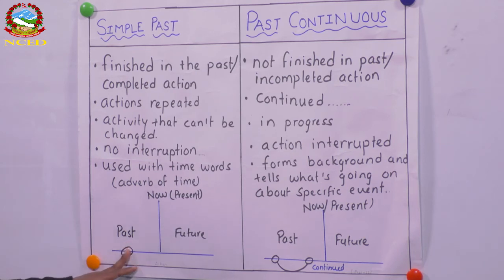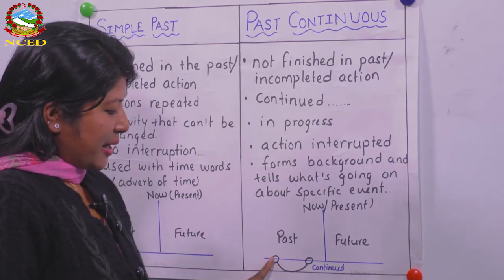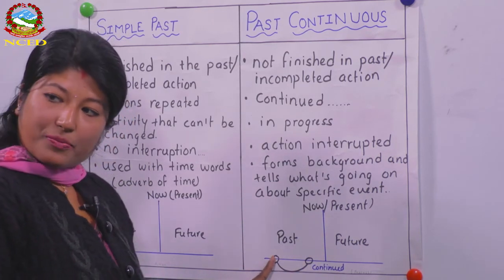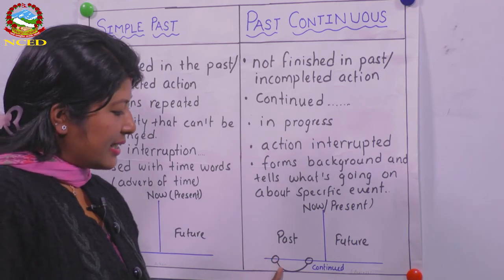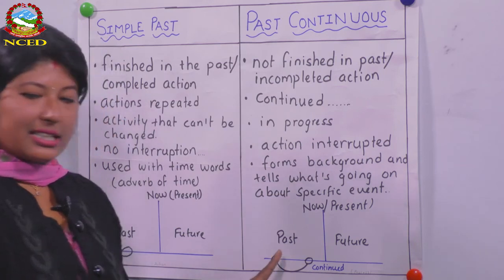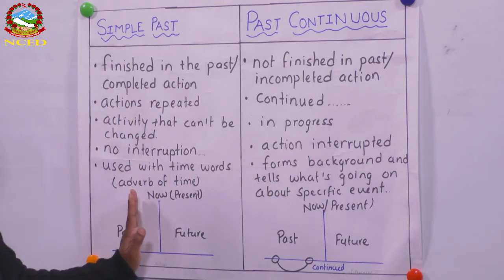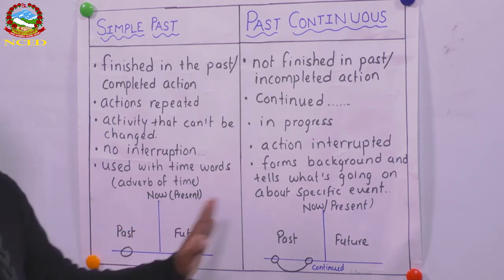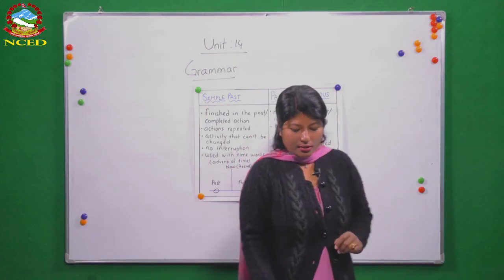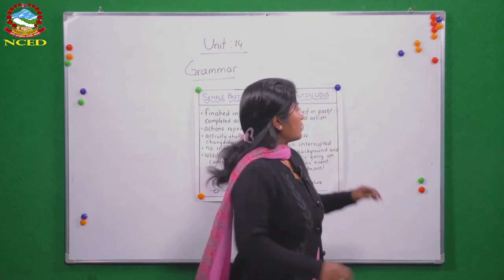And in past continuous tense, the action took place at some point in the past and it continued up to some time. So this is a process type. This is action, and this is action and process. So now let's move to the exercises given in your book.